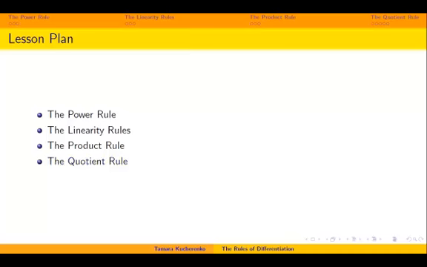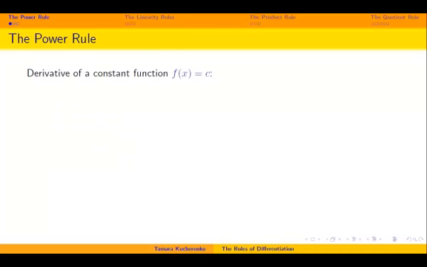Let's start with the simplest of all functions, the constant function, f of x equals c. According to the definition of the derivative, f prime of x is the limit as h approaches 0 of f of x plus h minus f of x divided by h.